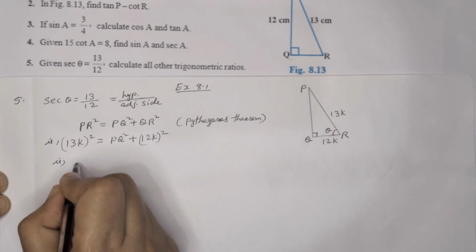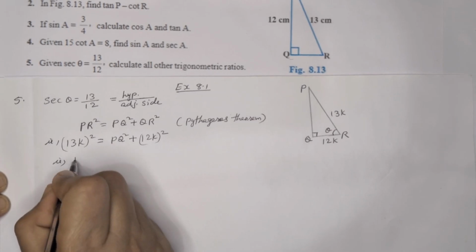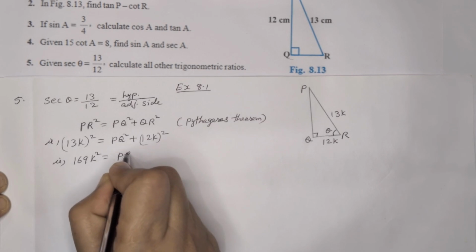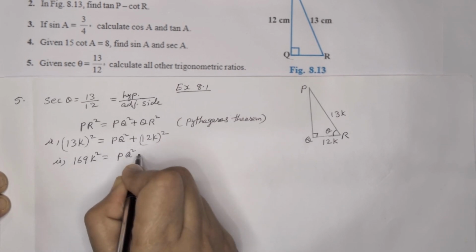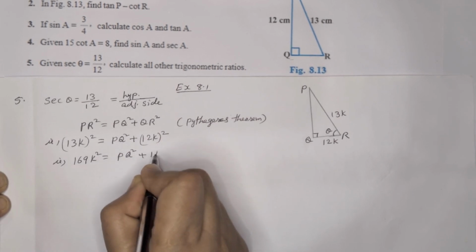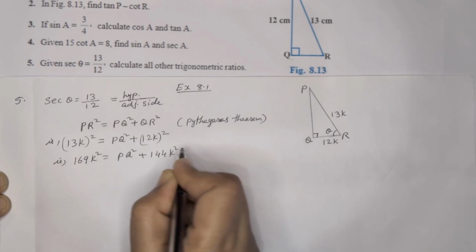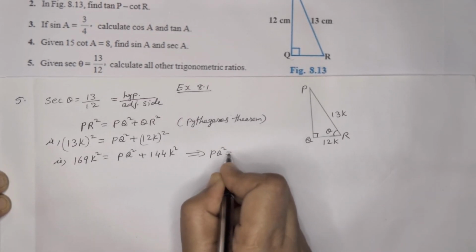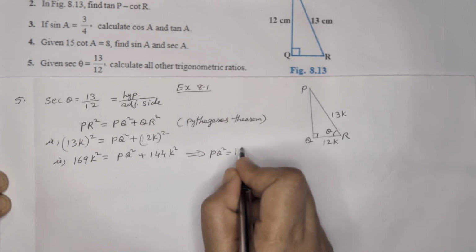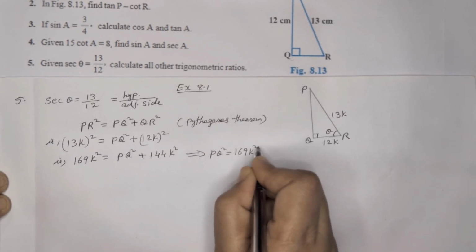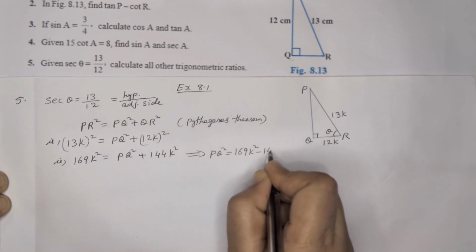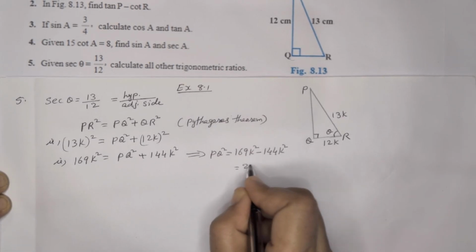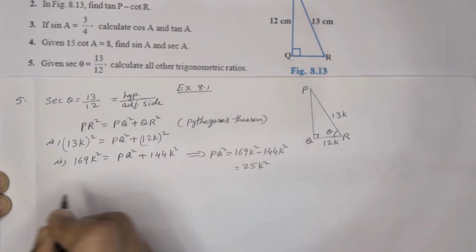That is 13 whole square, 169, is equal to PQ square plus 144k square, which implies PQ square is equal to 169 minus 144, is equal to 25k square.